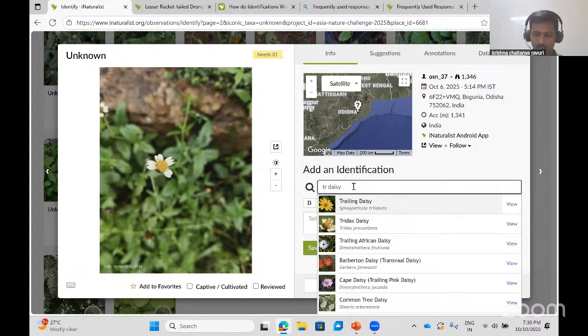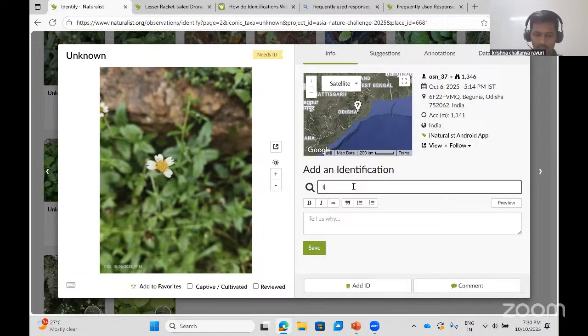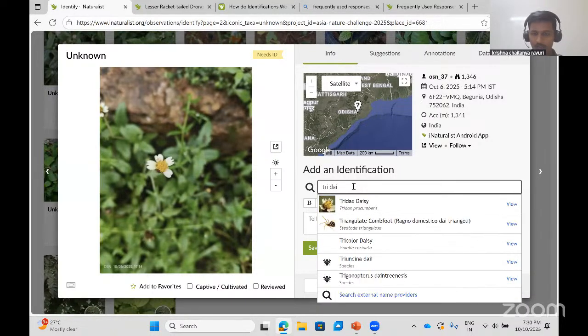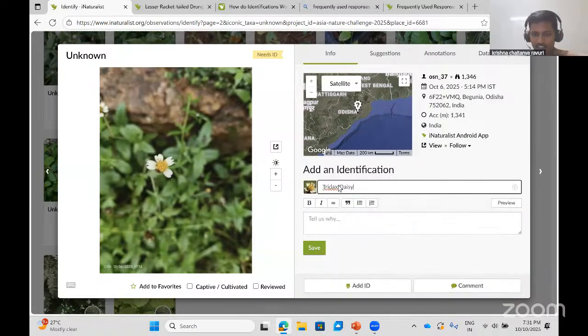Sometimes a lot of plants don't have common names and it's the scientific names. I keep forgetting the spelling, but if I can remember the first three letters of each word, that is enough to get it in the search list.